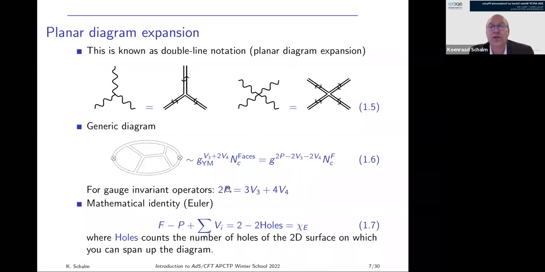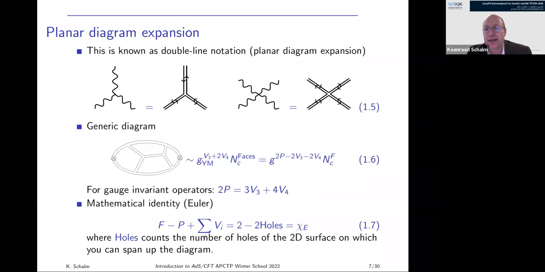And that tells you that 2 times the number of propagators must be equal to 3 times the number of 3-point vertices plus 4 times the number of 4-point vertices. That has to be true for gauge invariant operators. Now, if you substitute this identity in here, you can also write this as g to the power 2P minus 2V3 minus 2V4 times N_C to the power F.